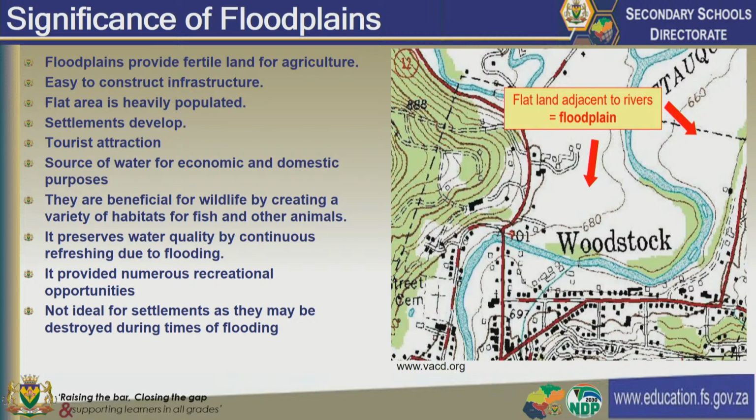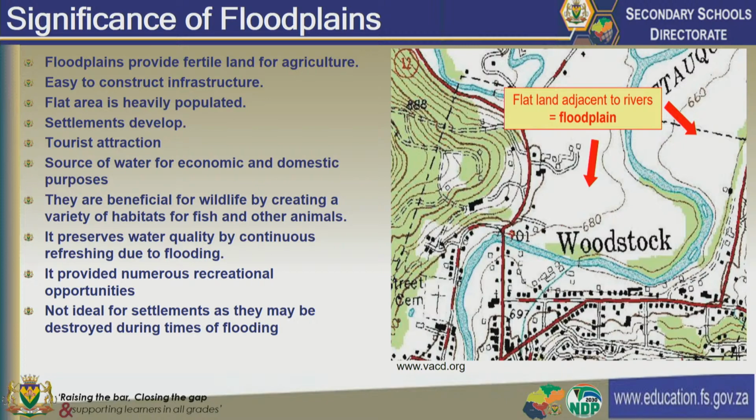They also serve as tourist attractions. They are a source of water for economic and domestic purposes. Now, these areas are also beneficial for wildlife by creating a variety of habitats for fish and other animals.